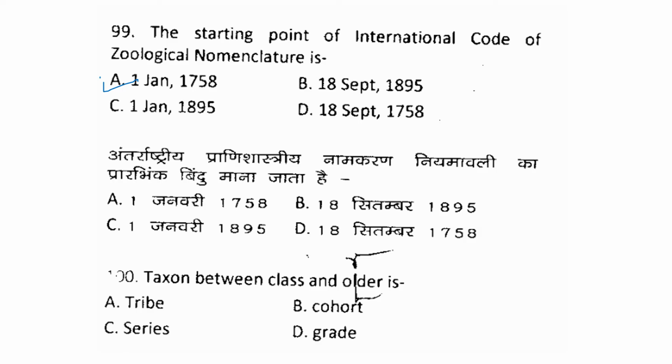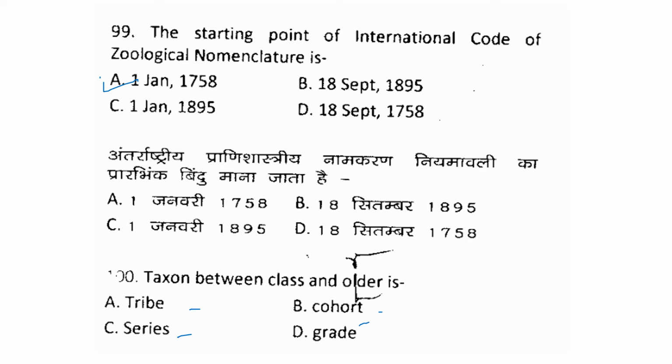Now the last question: the taxon between class and order is. We all know the primary taxa: kingdom, phylum, then class, order, family, genus, species.